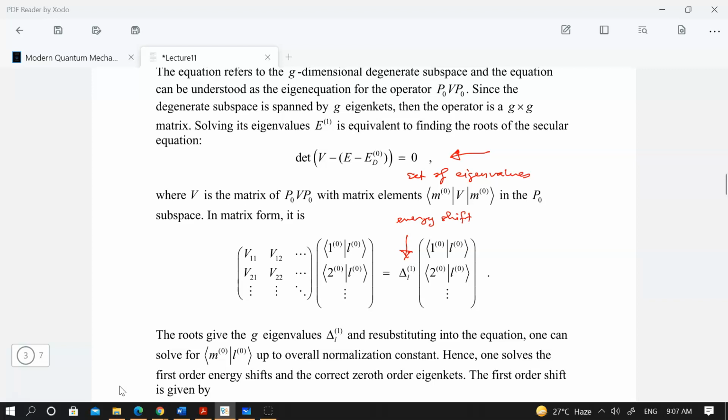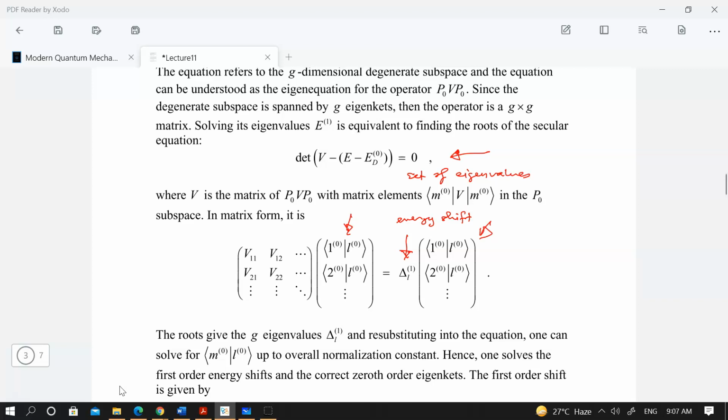So solving this to get the energy shift eigenvalues, and then for each energy shift eigenvalue, you start working out what the eigenvectors are.